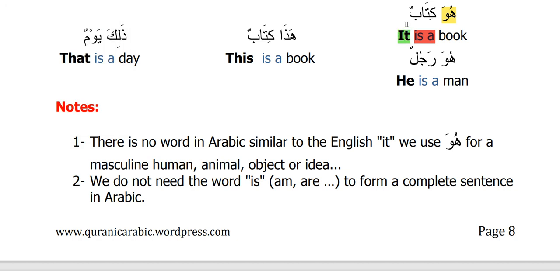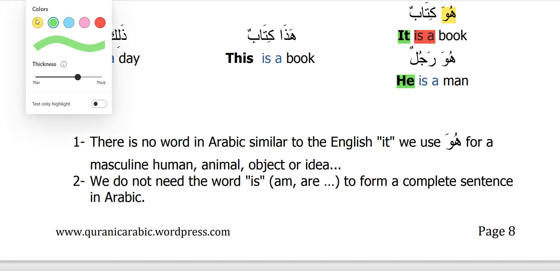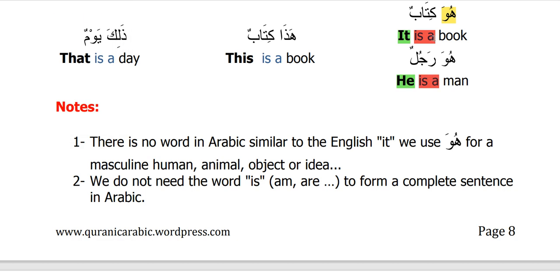Keep in mind, huwa is translated as it and he. For an object also you can use huwa, a male object, and for a male human you will use huwa. For both of them you can use the pronoun huwa. And know that "is" and "a" do not exist in Arabic. It's only in English.